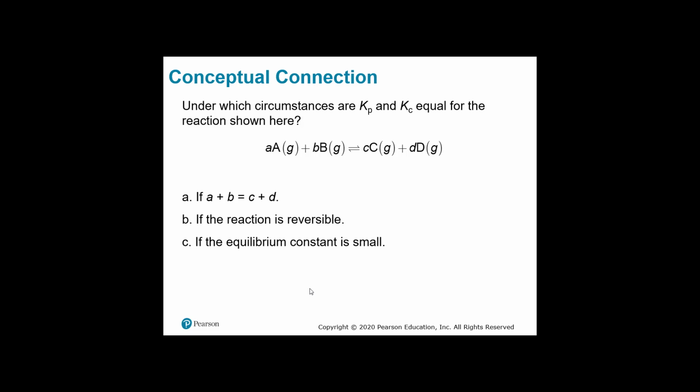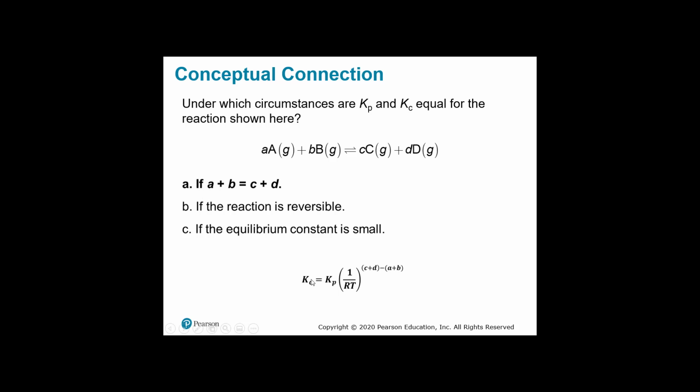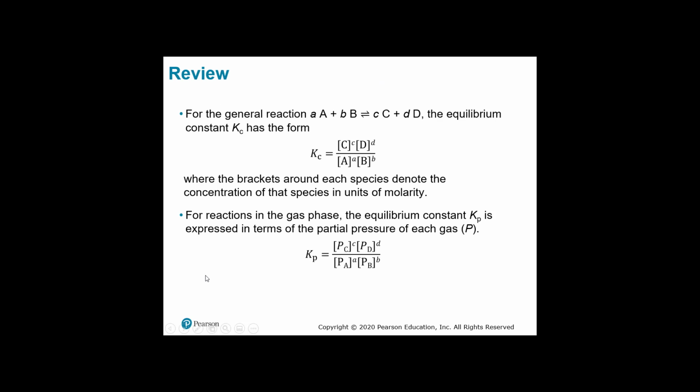That is simply adding all the reactants up and all of the products up and then subtracting. So in order for them to be equal, they would have to have the same number on this side as on that side. So it would be A. And if you needed to look at the formula again, there it is.